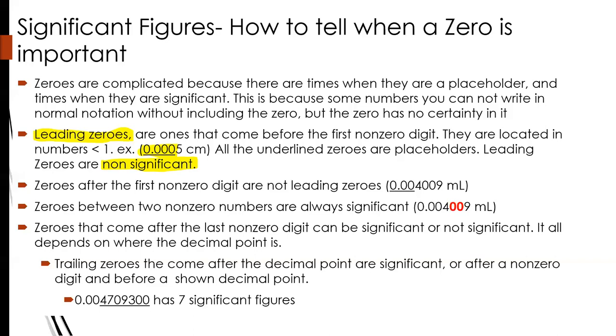So we call them trapped because they're stuck. Now, the nice part about zeros that are trapped is that they are always significant. So those 2 zeros between the 4 and the 9 are going to always be significant. But those leading ones in front of the 4, those are never significant.